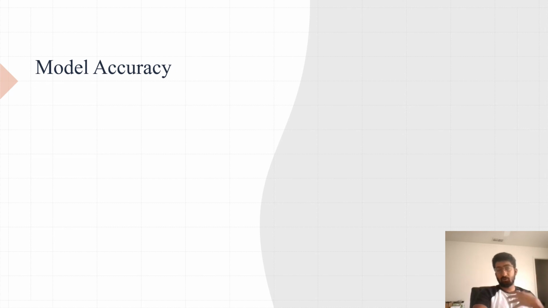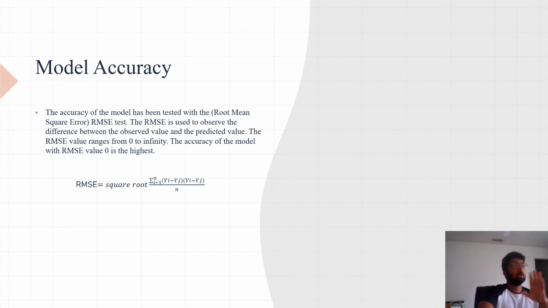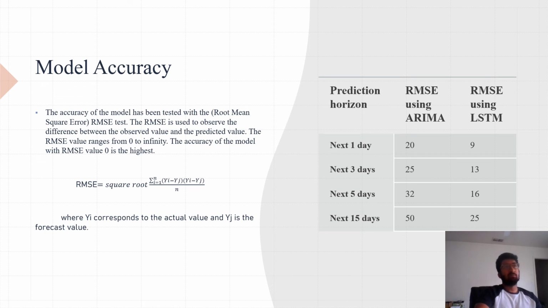Talking about the model accuracy, we tested the accuracy using the root mean square error, and this is the formula: square root of the sum of actual minus predicted, squared, divided by n. So basically the prediction horizon and the RMSE value are shown in the graph.